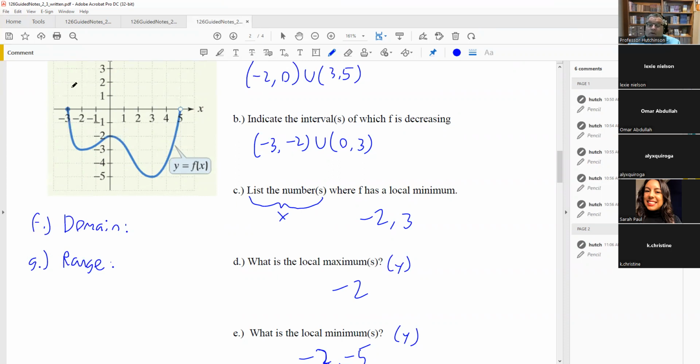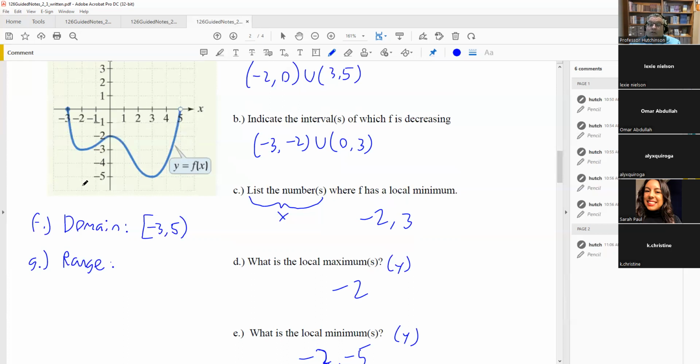The smallest x value is -3, and the highest x value is 5. There's a closed circle at -3, but an open circle at 5. So I'm going to put a bracket on -3, but a parenthesis on the 5 because there's an open circle there at the 5.